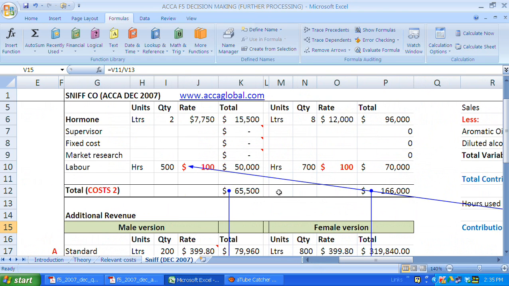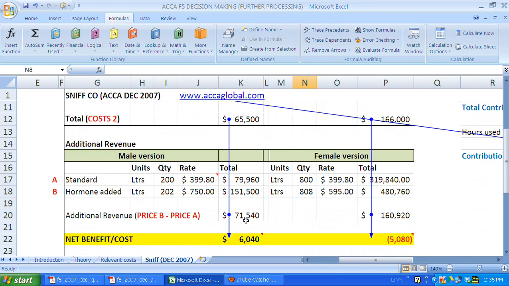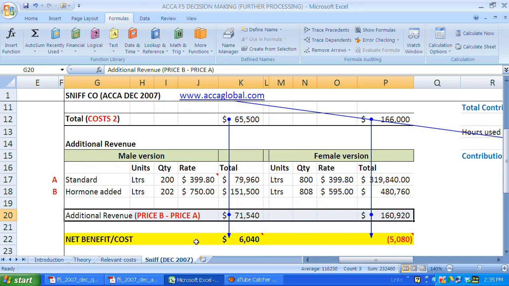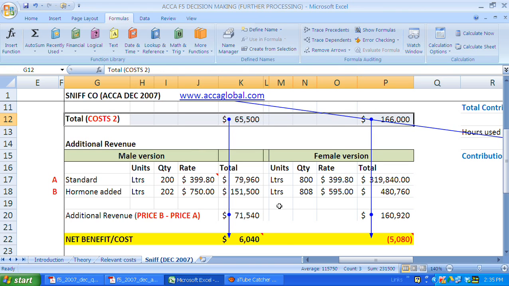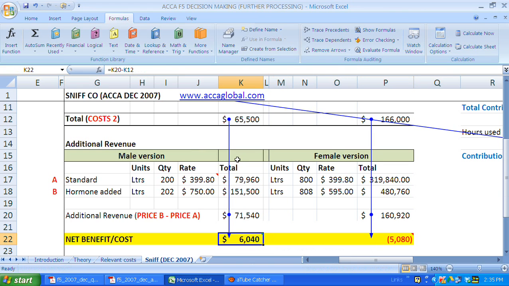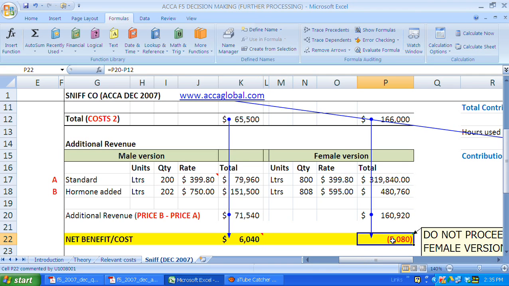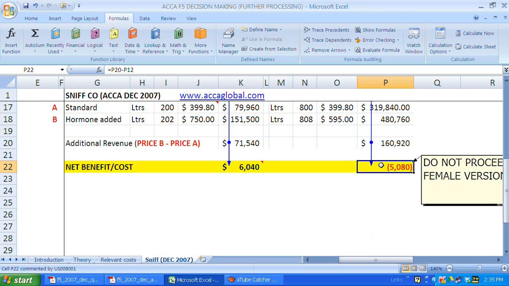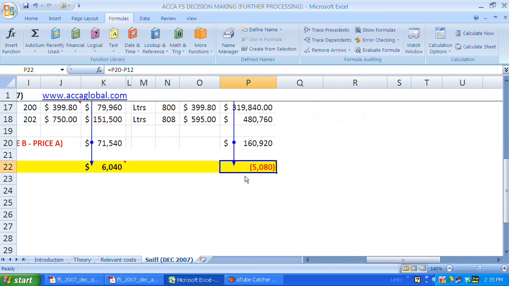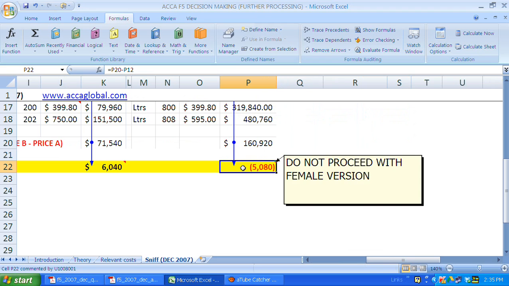So we're able to get the additional cost. Then we got the incremental revenue, right here. Then we compared the incremental revenue to the incremental cost, and the male version gives us a positive figure while the female version is a loss. So the solution is proceed with the male version and do not proceed with the female version.